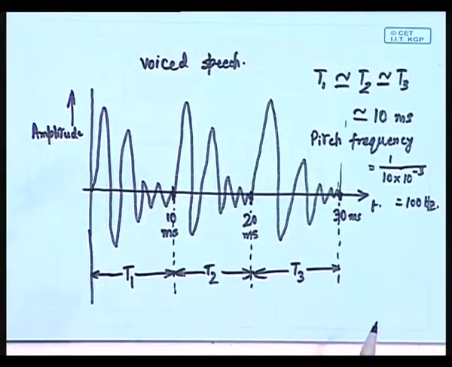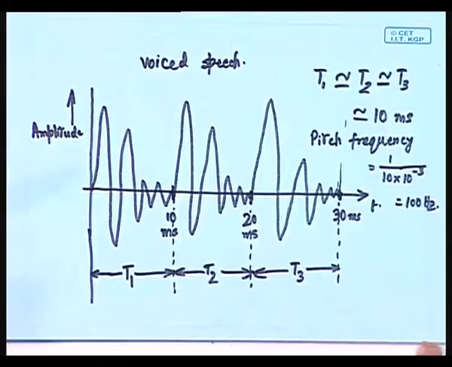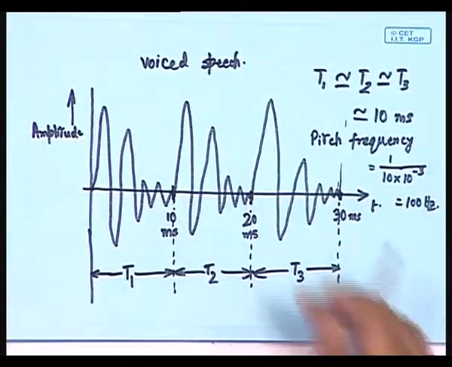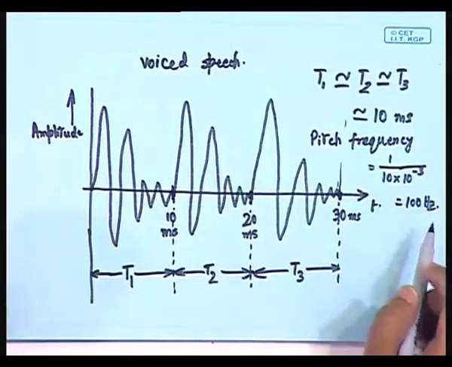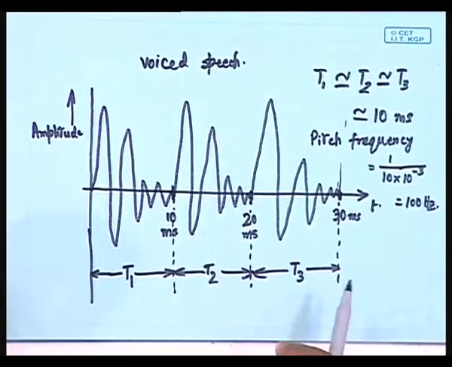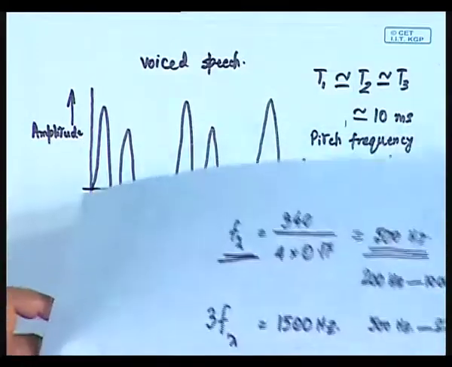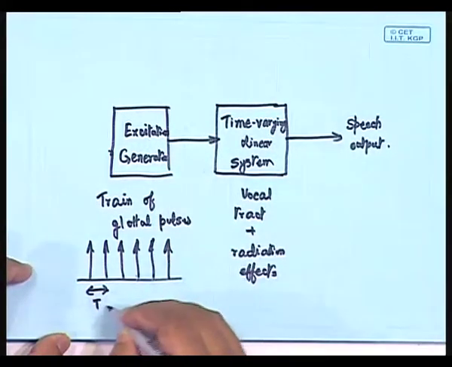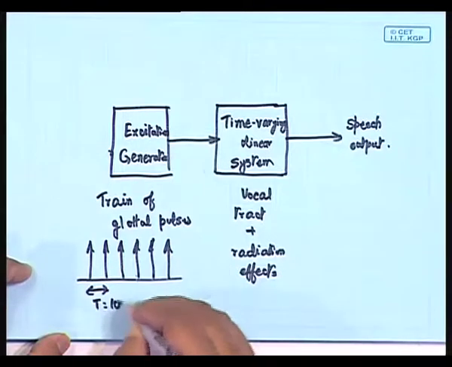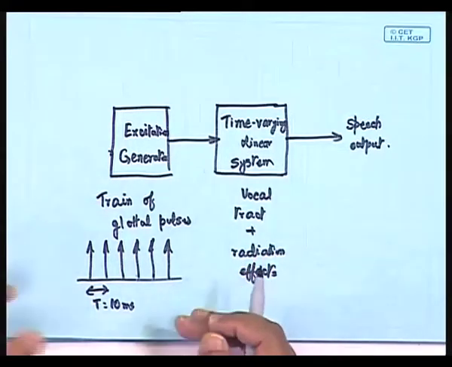So, within the quasi periodic time interval, like in this case we have taken 30 milliseconds, we are observing that there are 3 complete quasi periodic cycles of speech sound over here. Now, the pitch frequency being 100 hertz, we can say that 100 hertz is as if the source of excitation. So in our excitation generator, this T, if we take this to be approximately 10 milliseconds, then it corresponds to a 100 hertz repetition rate.